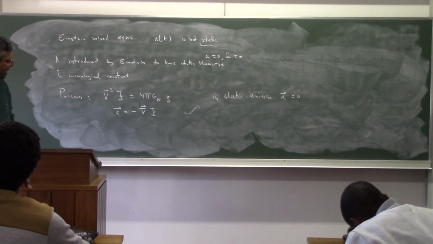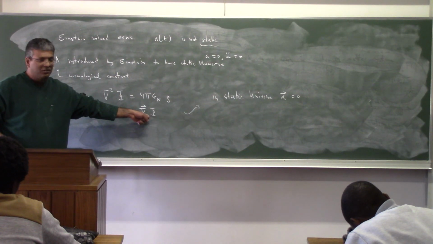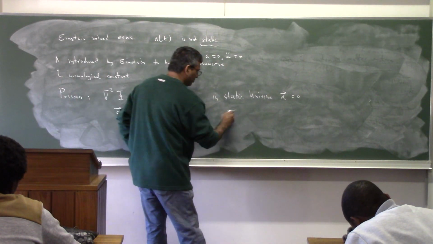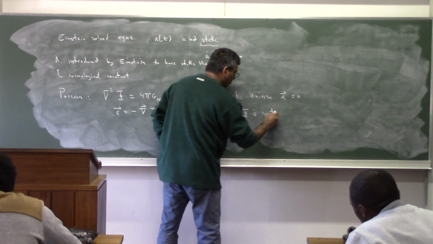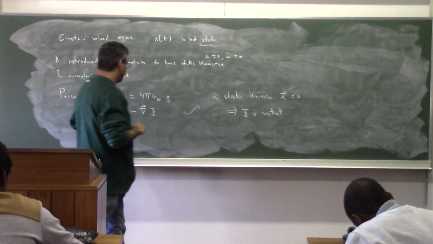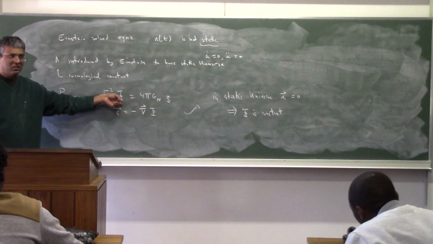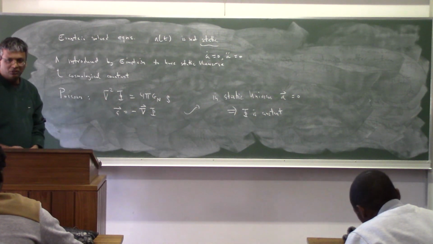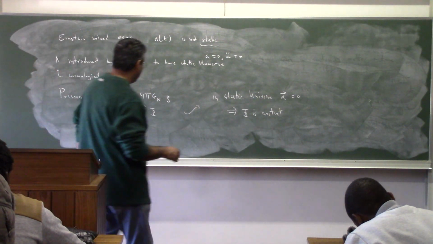So that tells us then that phi is constant. If phi is constant, the Laplacian of phi is what? 0. So rho is 0.